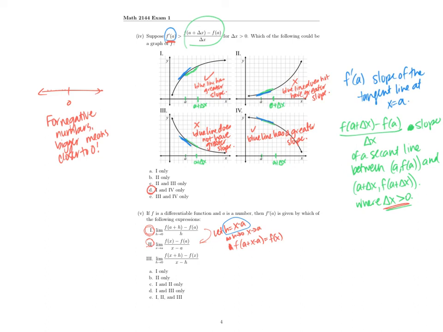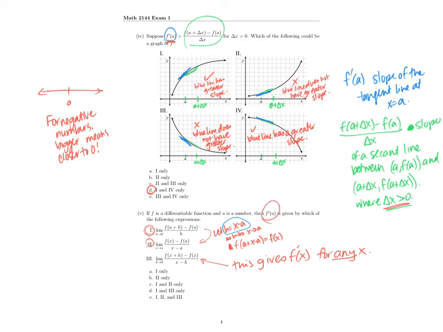All right, what about this one? Is this the same thing? Okay, this looks almost the same as part A, except there is no a in this one. So this actually gives f prime of x for any x, but we're asked what f prime of a is.